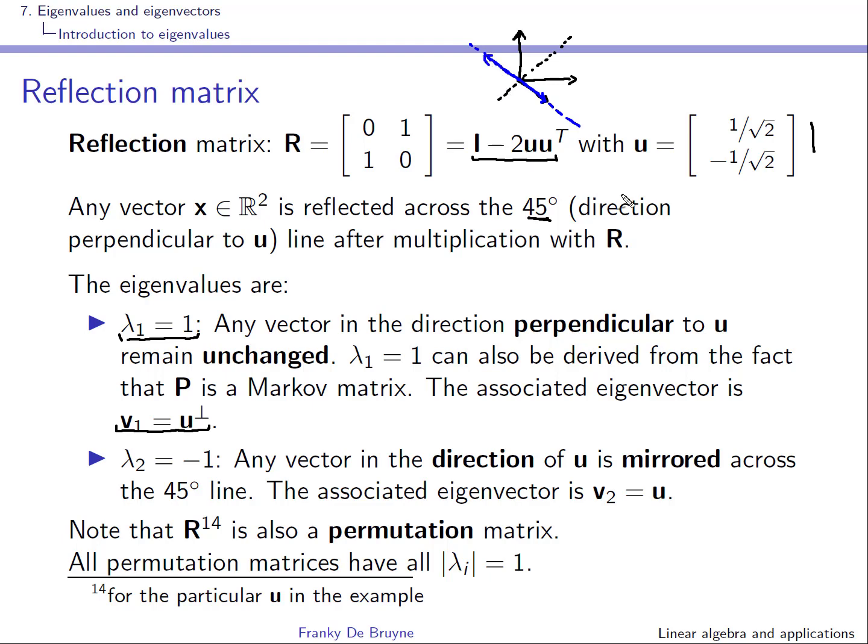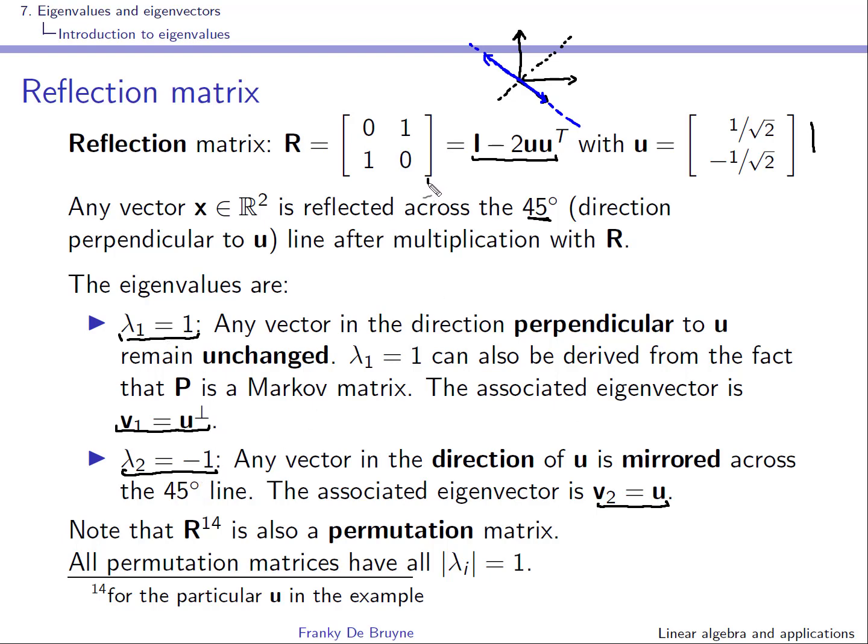So it will have the same length and it will be in the opposite direction. So we see here that the eigenvalue must be -1 and the associated eigenvector, if we take the one that is of unit length, will be u itself. Okay, so two eigenvalues, 1 and -1.